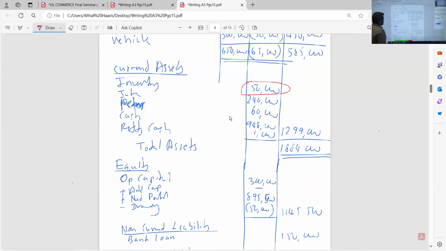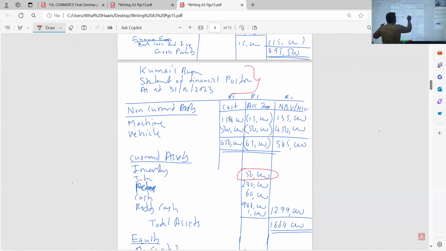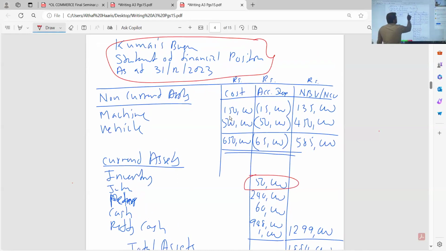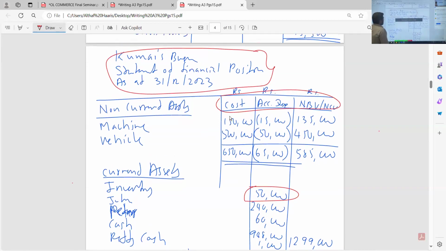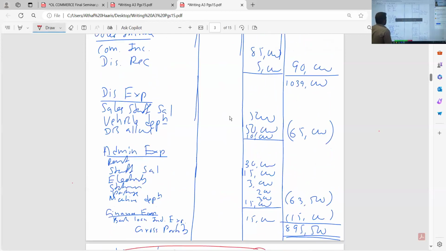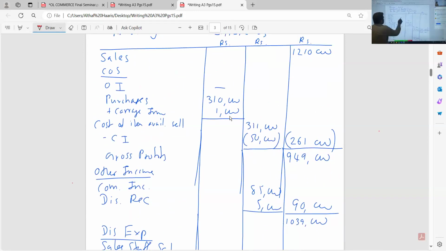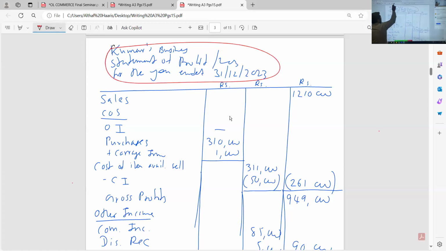Make sure to write this one, half a mark sure. 1 mark. This one for sure half a mark, 2 marks. Here also closing inventory. Make sure to write it, 2.5 marks. For sure.